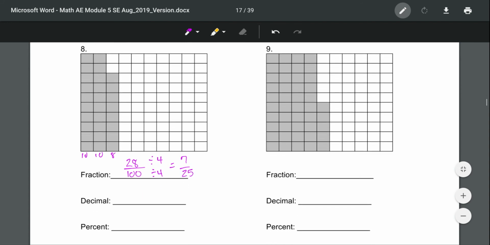As a decimal, remember that there's 100 squares, so we're talking about hundredths. So as a decimal, you have 28 hundredths. So 28 hundredths would be 0.28.